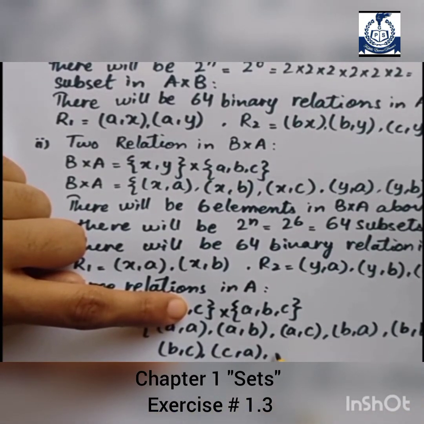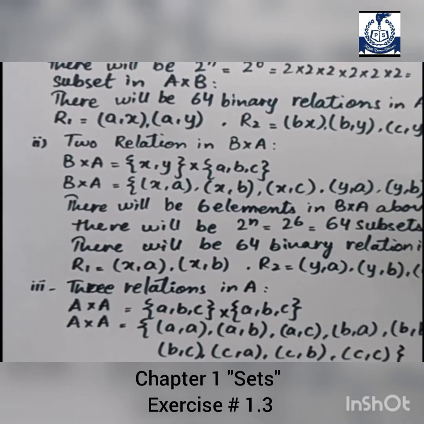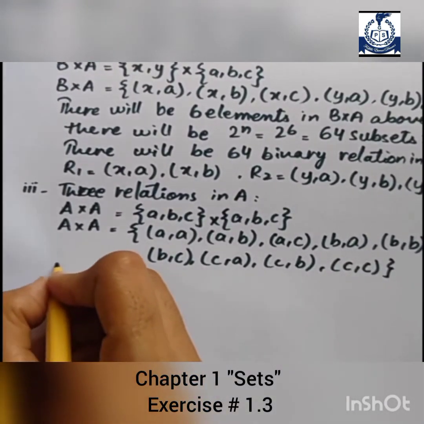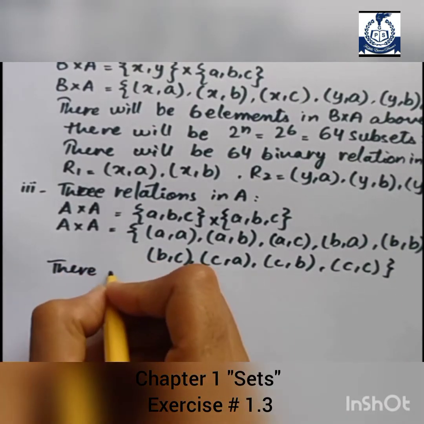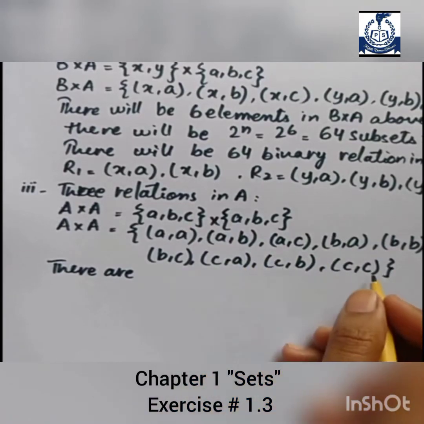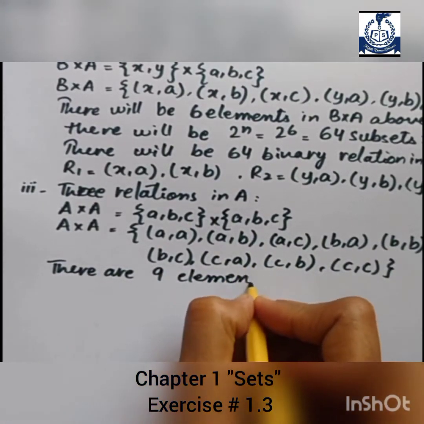Then we take (c, a), (c, b), (c, c). So there are a total of 9 elements in A Cartesian product A.